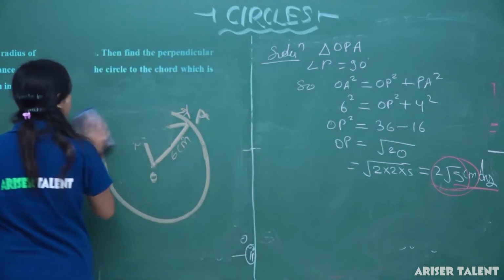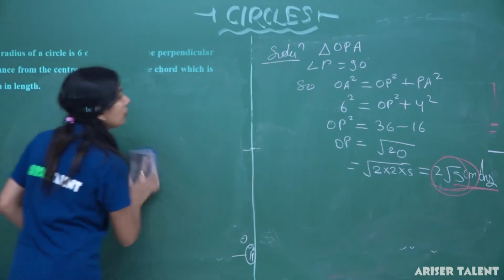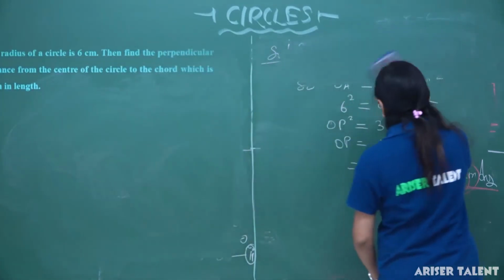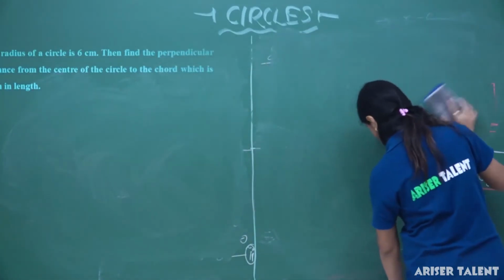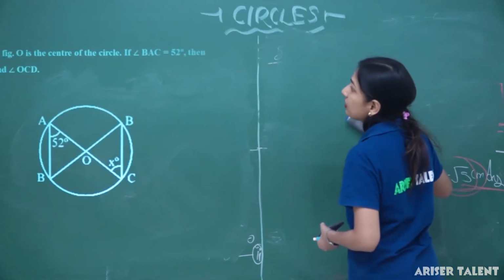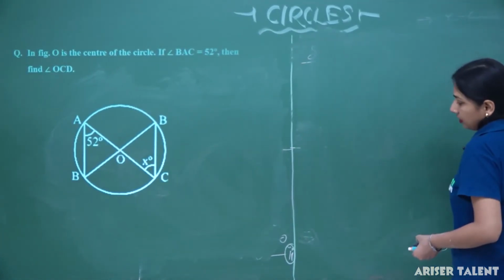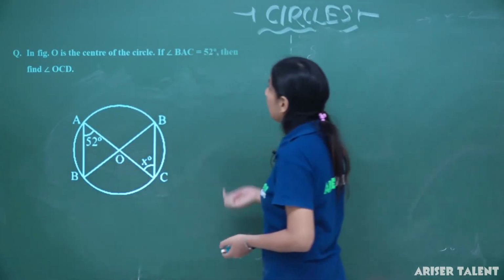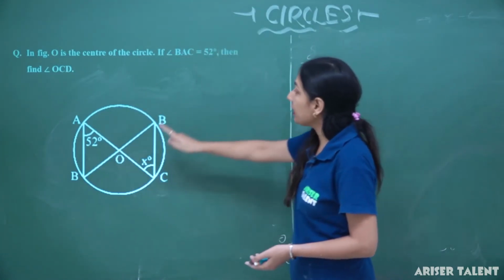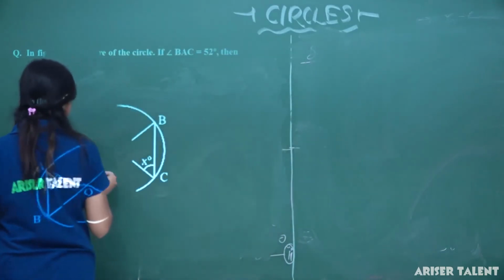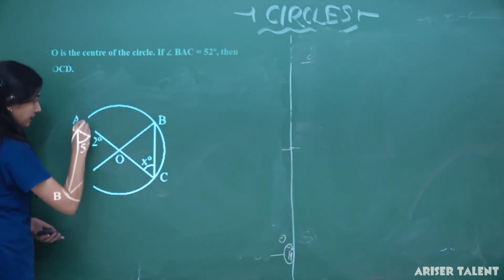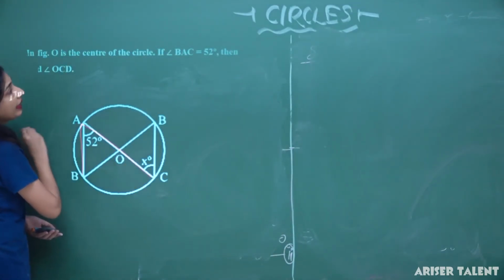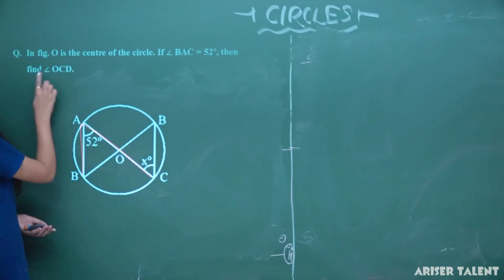Now, moving to another question, we have one more question, which is this. In the figure, O is the center of the circle. If angle BAC is 52 degrees, then find angle COD.